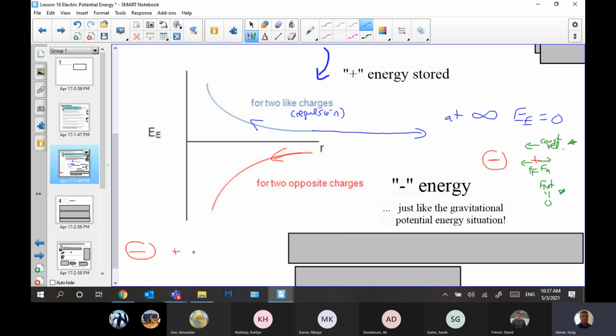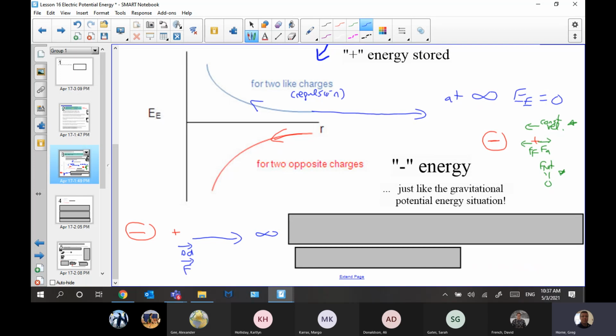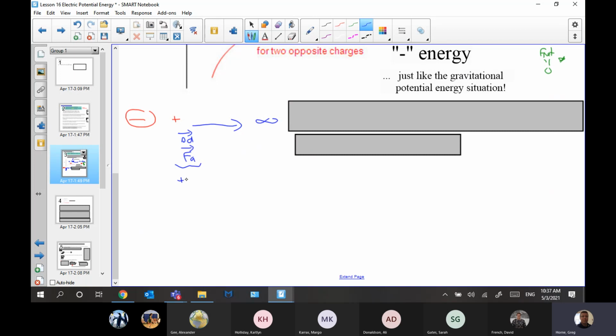What do I have to do to move this thing to infinity? I'd have displacement this way, and applied force this way. So you can tell that I'm doing positive work, and so I'm adding energy to the system.